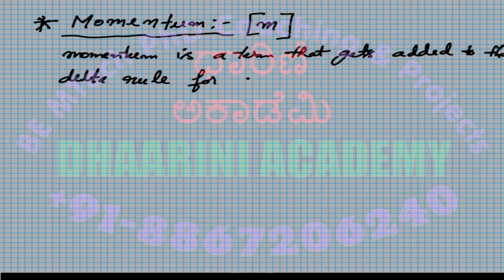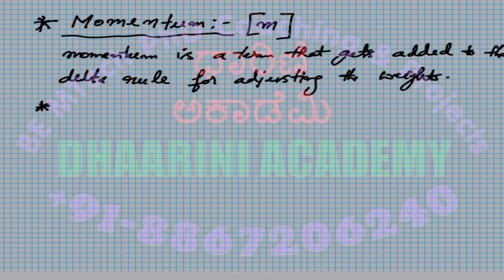This is used for the adjustment of the weight. Now we have to justify the use. Why do you want to add it? And once it's added, what is the advantage?